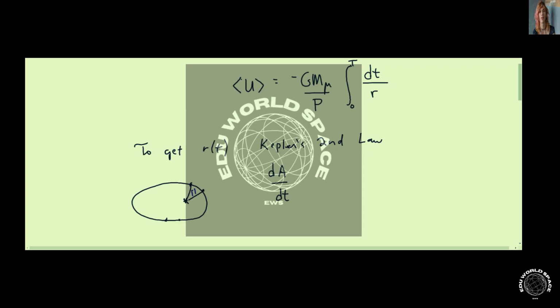So let's say in the upper A to B, it sweeps out a certain area, and then going from C to D, it sweeps out the same area. Then we know that those time intervals are the same if the areas are the same.